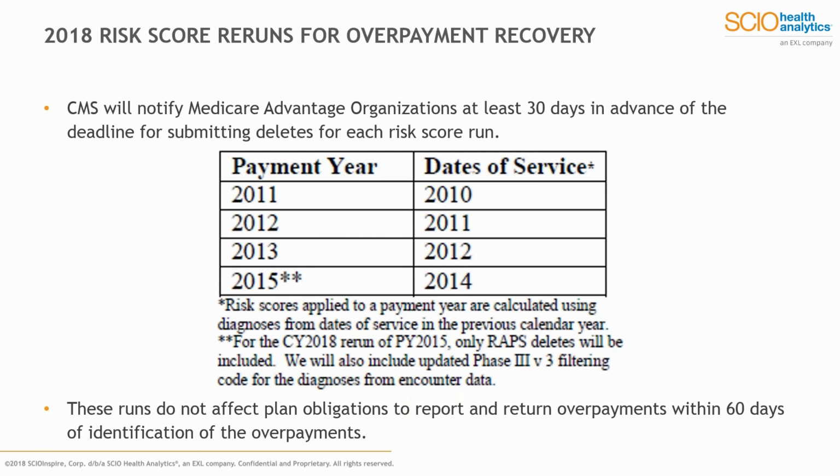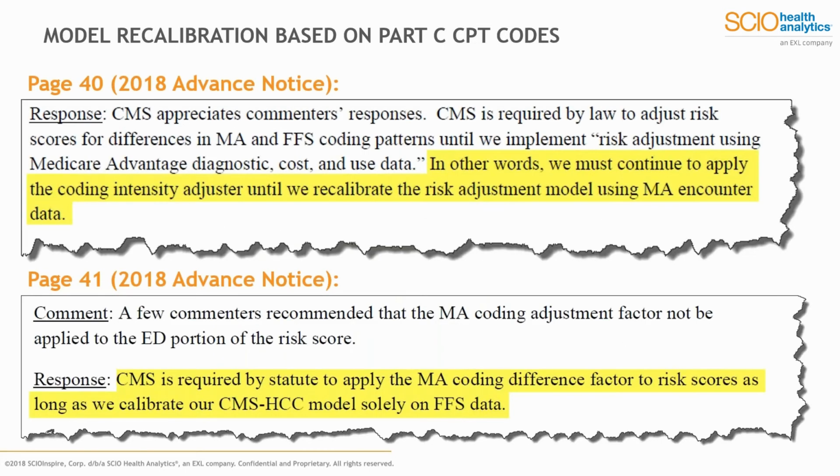I mentioned recalibration a little earlier in the presentation. In case anyone feels CMS is not moving in the direction of repricing based on the MAO data, you would be forgiven if you missed it because it's not something CMS is actually trumpeting. In our review of the CMS responses to comments to the 2018 advance notice, within the coding intensity questions, we found some illuminating information foreshadowing CMS's future move in this direction.